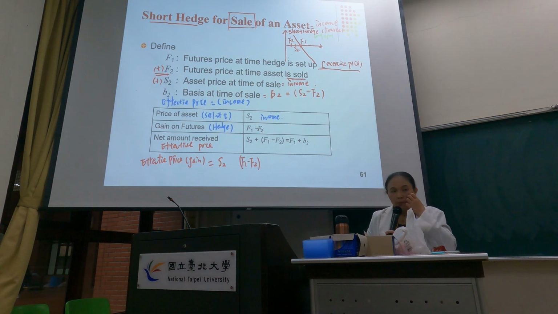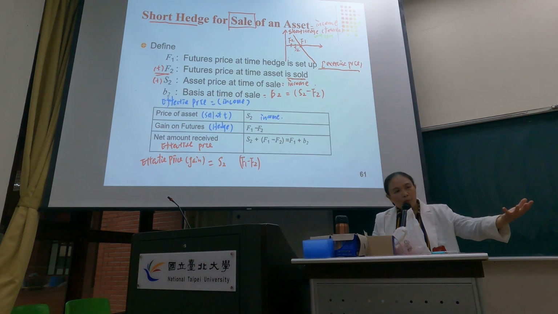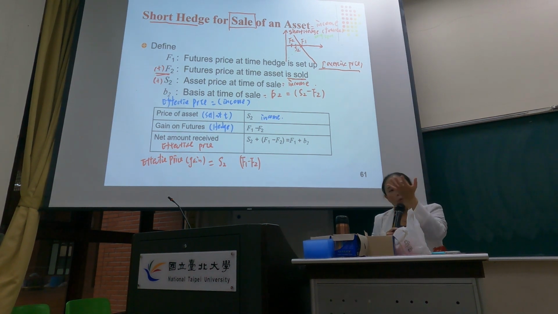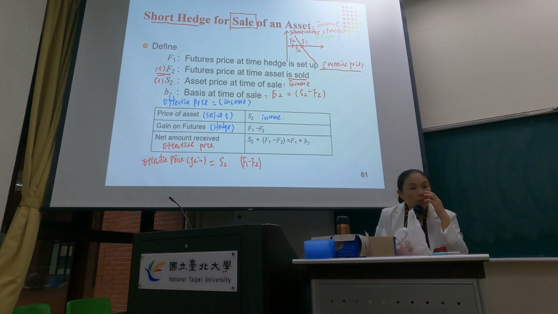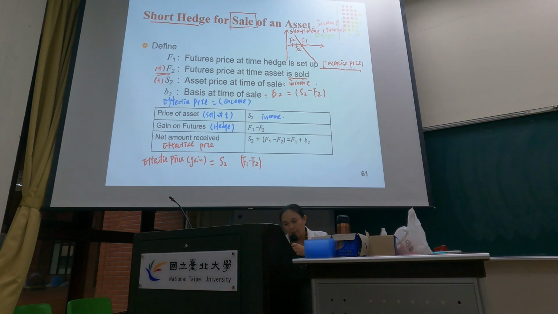Okay, plus or minus? It should be plus or minus? Plus, right? Because you sell your products in the spot as S2, right? At the same time, you earn money in the futures, right? So it will increase your income. Agree? So here, very good, it's a plus.